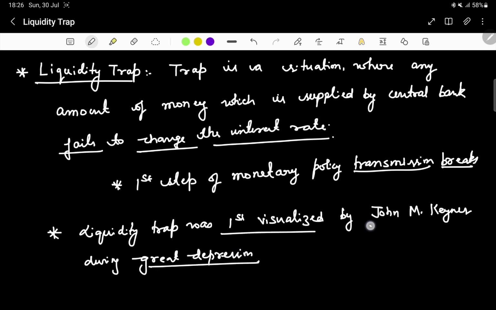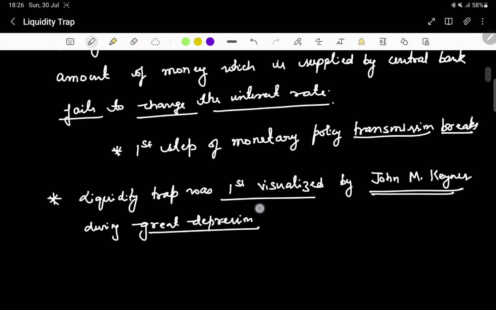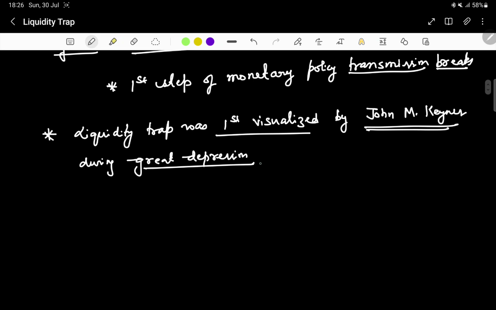He was the first person who identified that there is a liquidity trap in the economy, and the liquidity trap was creating the situation where your GDP was not able to improve.